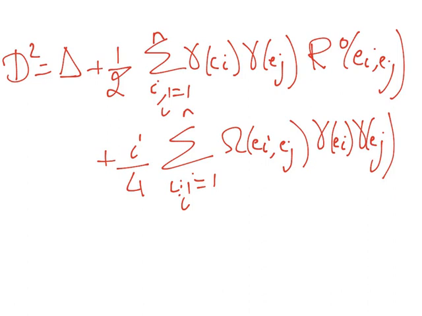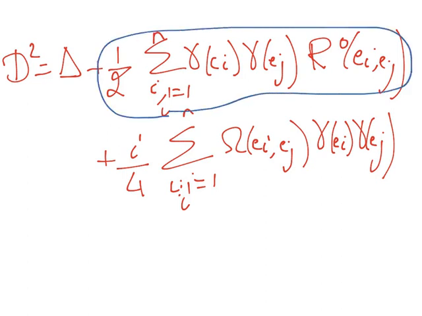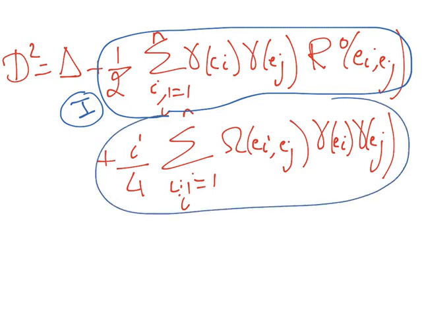And of course, to prove the Schrodinger-Lichnerowicz formula, we expect that the first quantity here in blue, which I'm going to call quantity 1, should be 1/4 the scalar curvature of the manifold, and the second quantity in blue, which I'm going to denote by quantity 2, will be i/2 the Clifford multiplication of omega with psi.